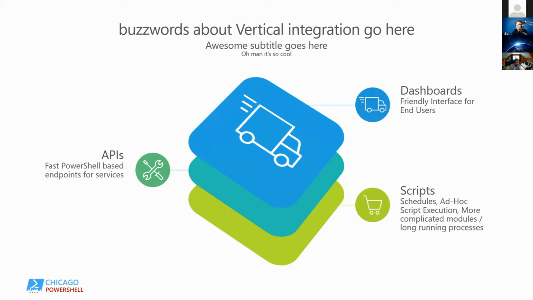Technically that's fine, it works, but with a solution like PowerShell Universal, you could offload some of that work to APIs. So you could have a very simple dashboard that is just focused on showing information to the user, and all the heavy lifting or data retrieval methods can be put into an API.